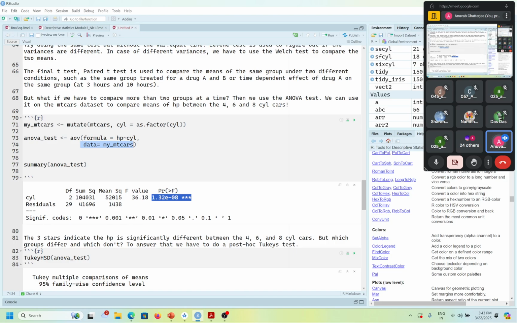If it is less than 0.01, then you have 2 star significance. If it's less than 0.005, then you have 3 star. So obviously this value is less than 0.005, so you have a 3 star significance in the ANOVA test, which shows that at least two groups between the three are different from each other.